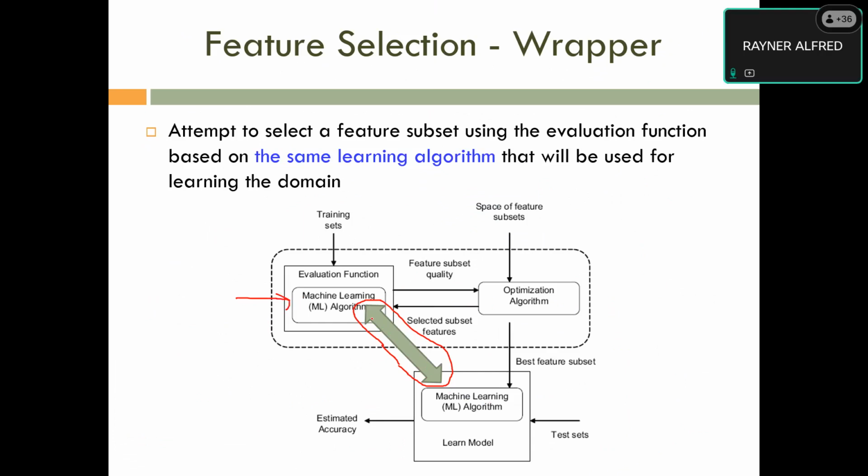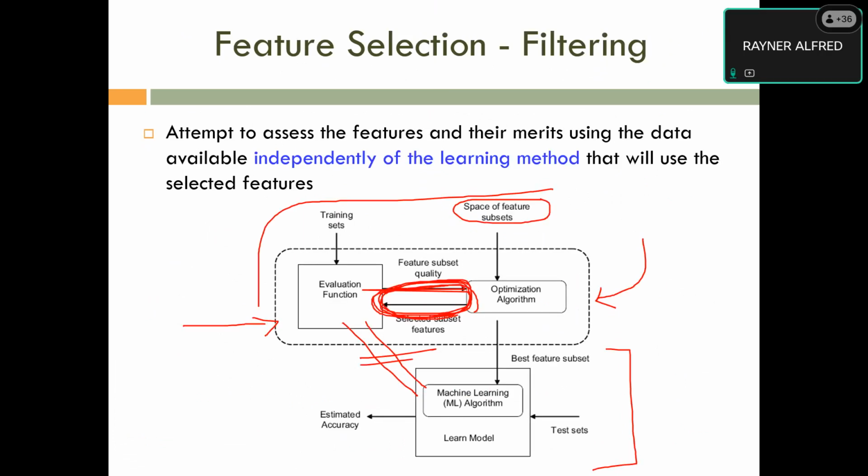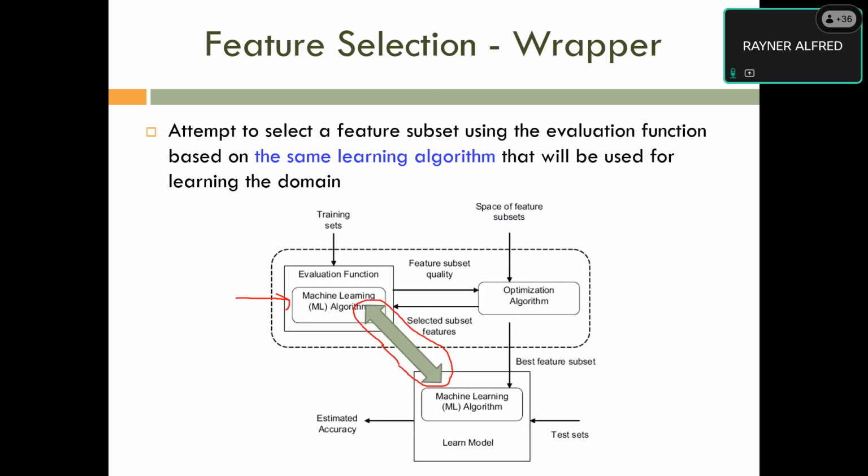That's why they call it wrapper. If you compare with the previous one, this one is a different method and this one is a different method, which means we are filtering the features using a different method during training compared to the testing phase. So that's the difference between feature selection using filtering and feature selection using wrapper.